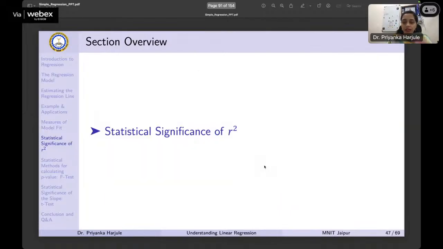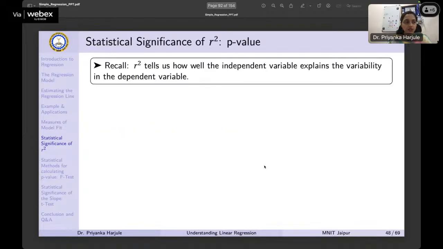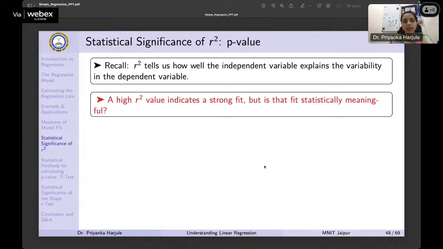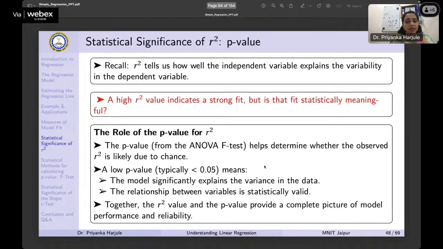So now we come to the statistical significance of this r square. So far we have seen that r square tells us how well the independent variable explains the variability in the dependent variable. And if the value is high, then it indicates a strong fit. But is this fit statistically meaningful? That will be answered using the p value.